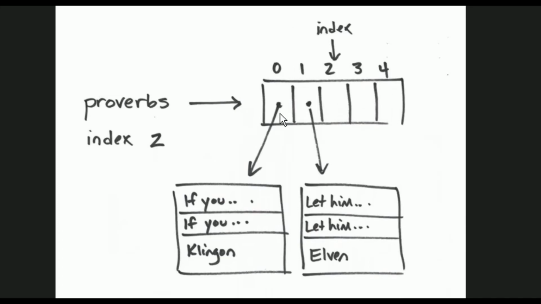Each pointer points to a proverb object as the objects are created and the array is filled. The variable index holds an integer value, which is the index of the next location in the array to be assigned a value. You can show this integer value, but indices into arrays are often shown as pointing to a location in the array, as index is shown at the top of the drawing.